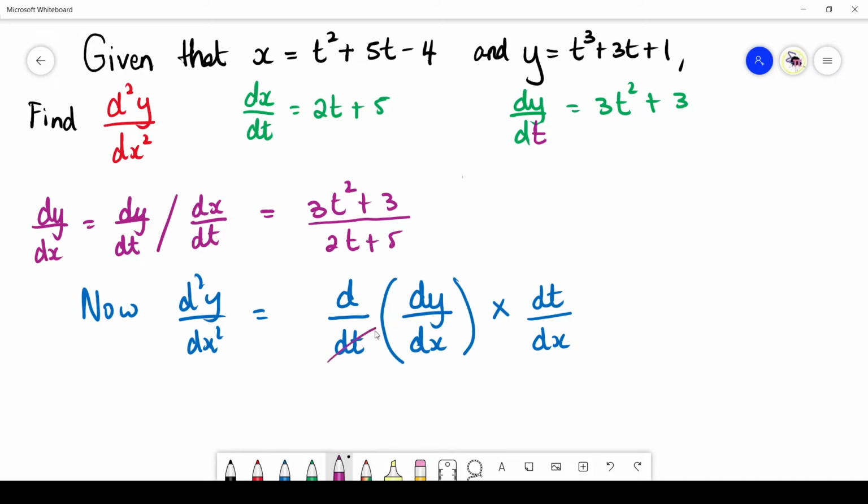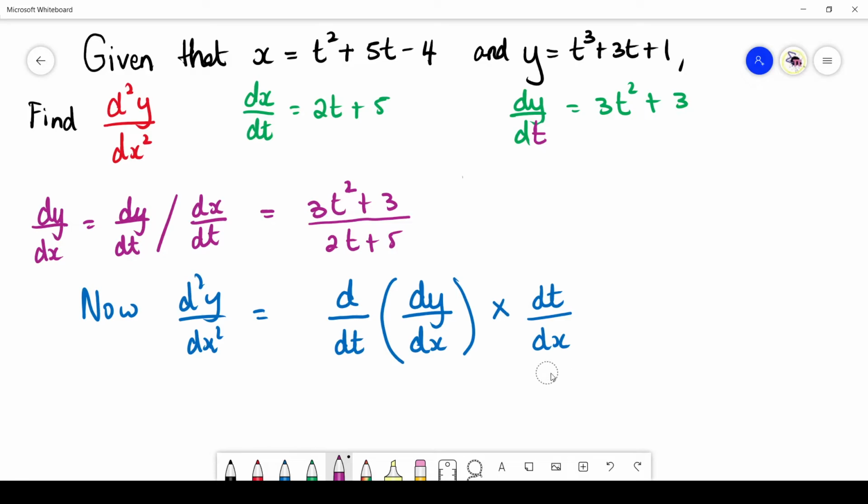In the end, these two would cancel such that you would get back your d2y/dx squared. So pretty much all you need to do is differentiate your dy/dx, but with respect to t, and then remember at the end to multiply by dt/dx, which you would have found initially upon your first differentiation of your parametric equations.